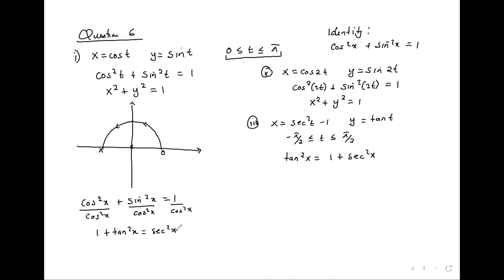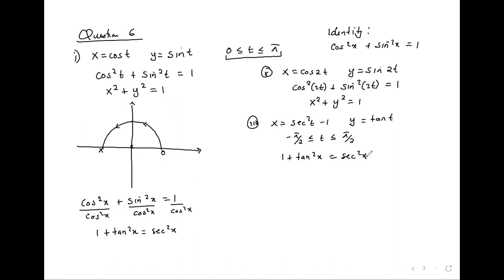Yeah, this is the identity. So when you're given sec and tan, you need to retrieve the relationship and then look for it.